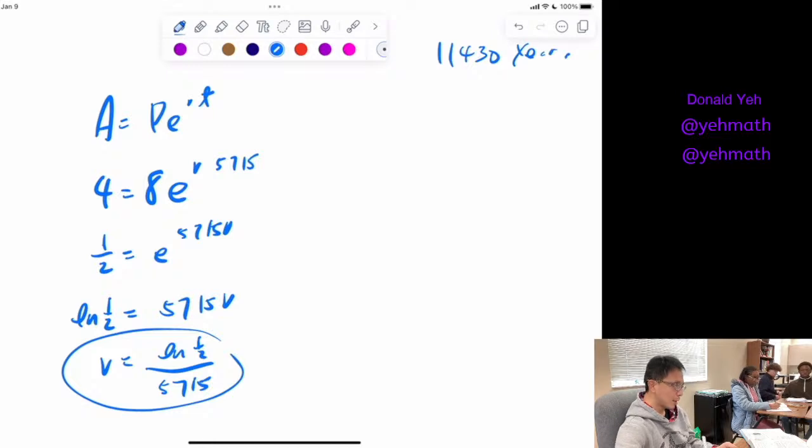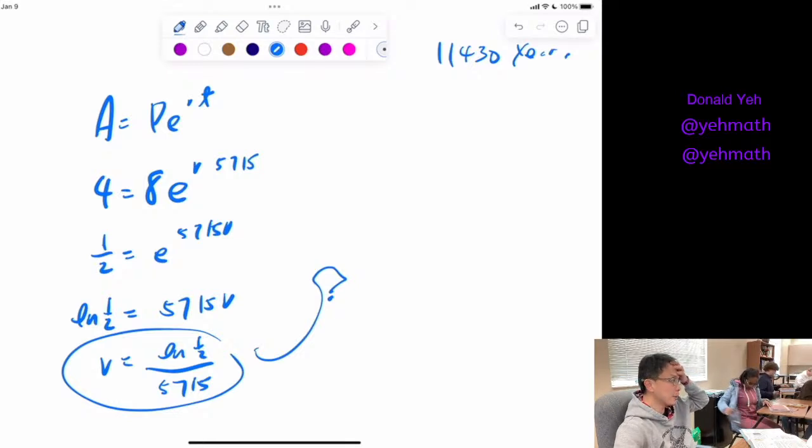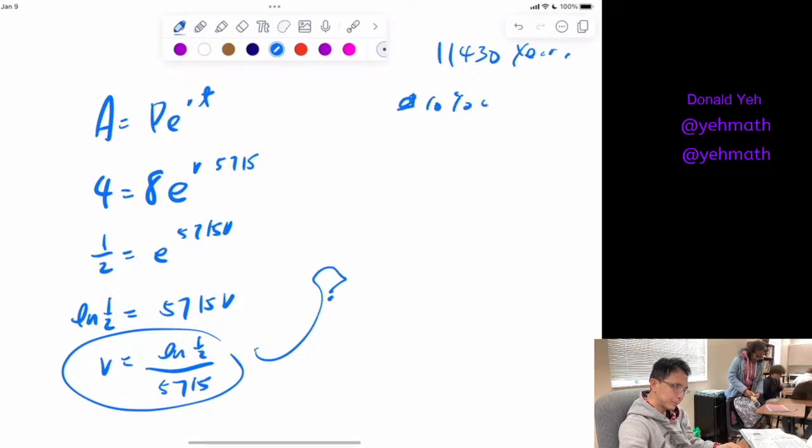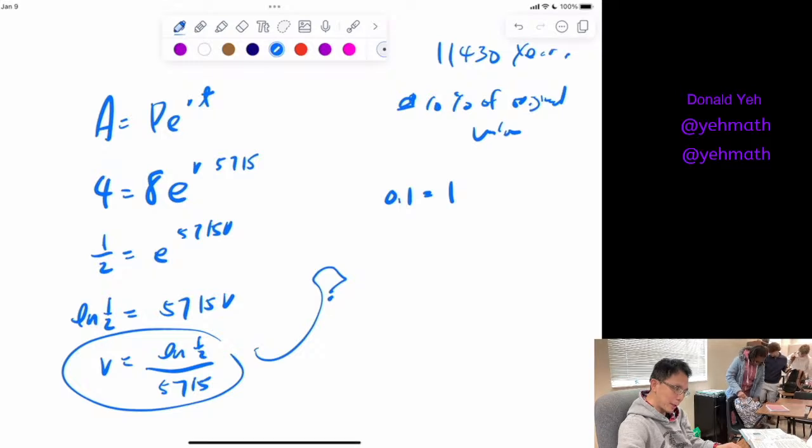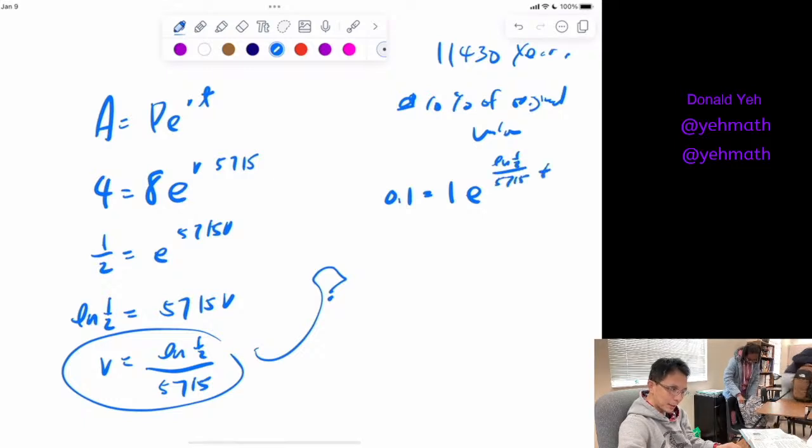So we can actually find the rate if I give you the half-life in years. I'll give you an example of this, and then I will finish it up. I know you have to go. But you can figure out how long it takes to become 10% of the original value. So if it's 10% of the original value, this becomes 0.1, and this starts with 1, e to the natural log of half times 5,715 times t.